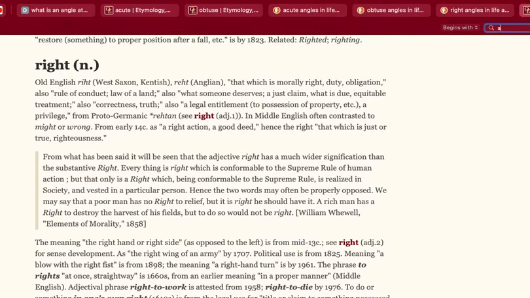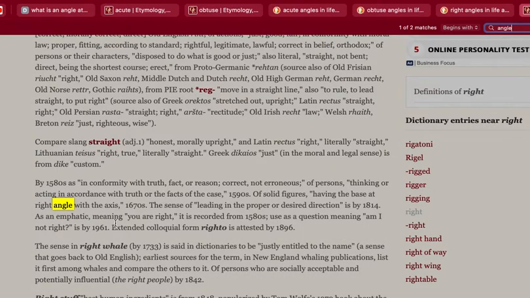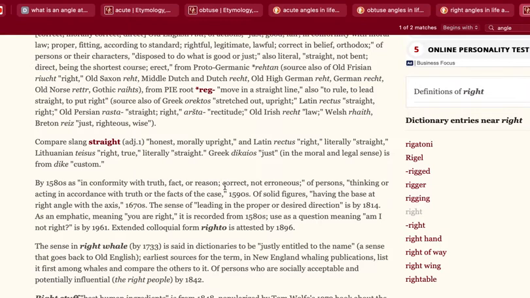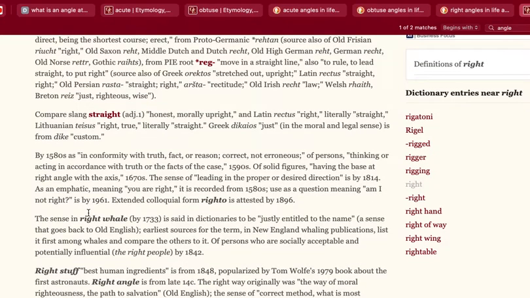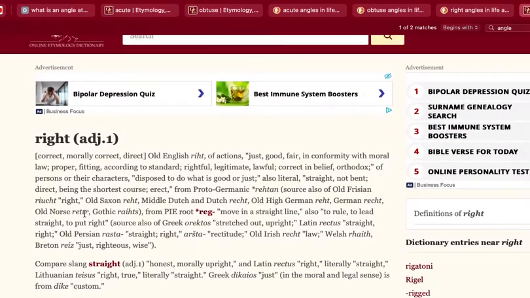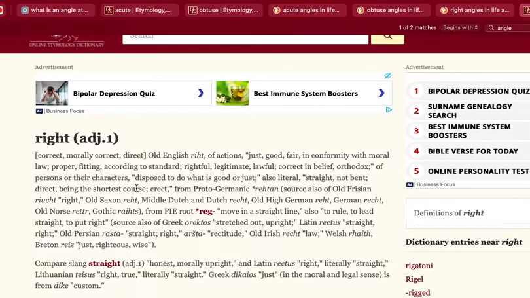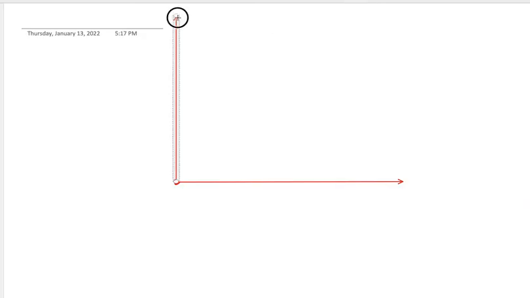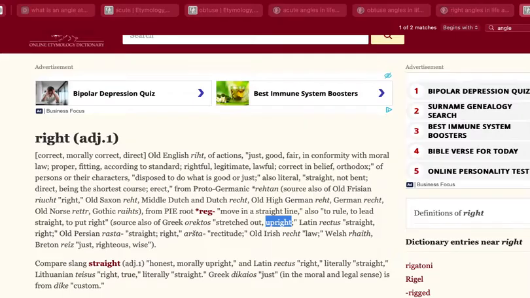Let's see if we can find what it talks about for angles. Having the base right angle with the axis. So it doesn't really have a direct meaning the way the other words did, which sometimes happens. It kind of means upright, which I guess relates. If we look at the line here and it goes upright, then we call that a right angle.